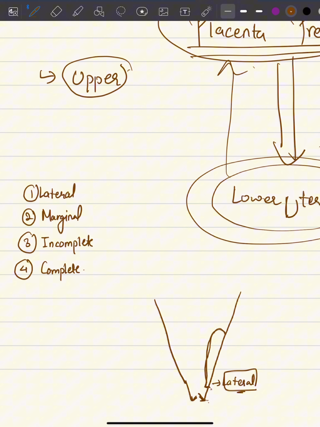So if the margin of the placenta is located 2 centimeter away from the internal os, then it's said to be the lateral kind. And if it just touches the internal os, then it's said to be the marginal kind. Whereas in the incomplete and complete kinds, the placenta would be covering the internal os partially and completely, respectively.